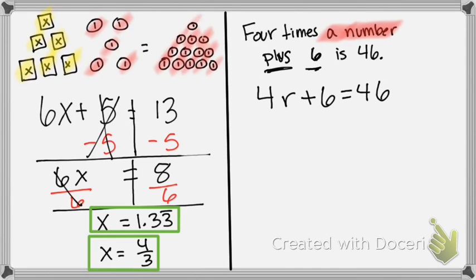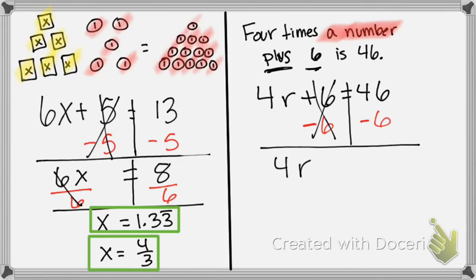Now I have my equation, and I can go ahead and use my inverse operations on the constant first, which is 6. The inverse of plus 6 would be minus 6. So we would have 4R, 6 cancels out to 0, and then 46 minus 6 is 40. Then let's do our second step.